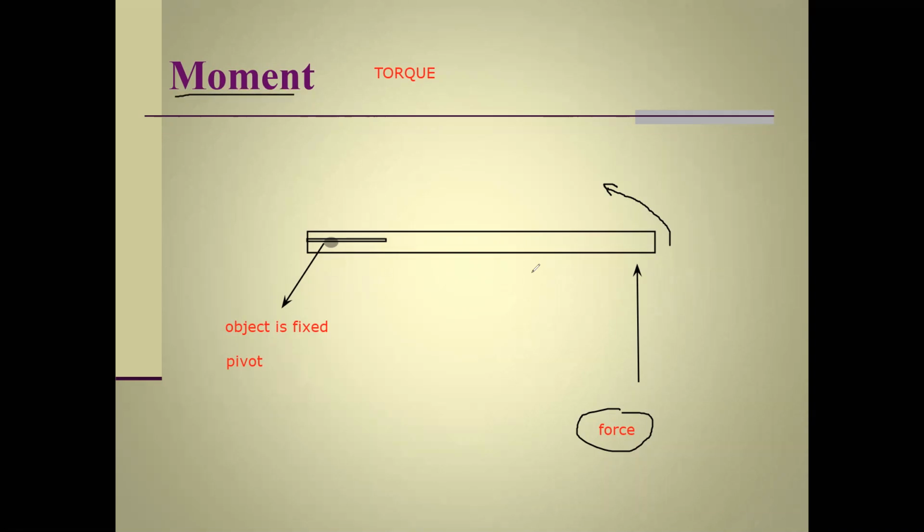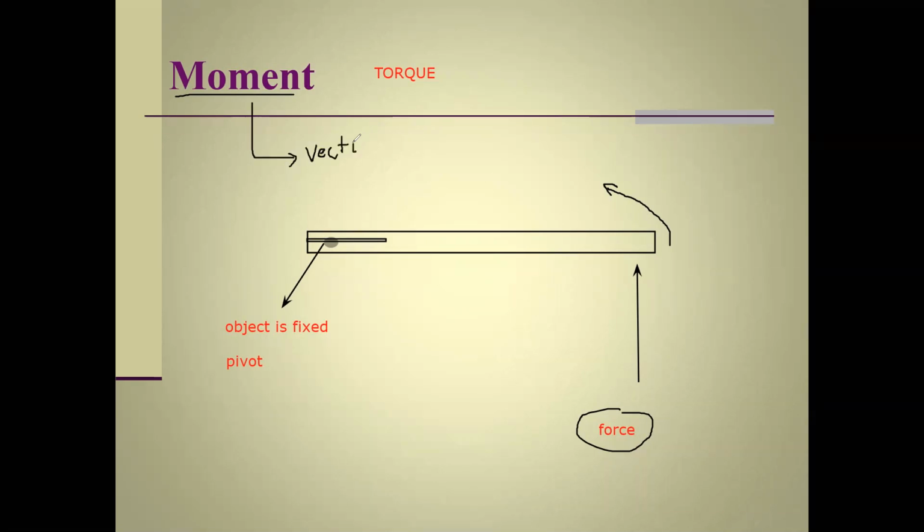Which direction is this object rotating, clockwise or anti-clockwise? Anti-clockwise, opposite to the direction of the clock rotation. So it has a direction. Whenever any quantity has a direction, we call that quantity a vector quantity.